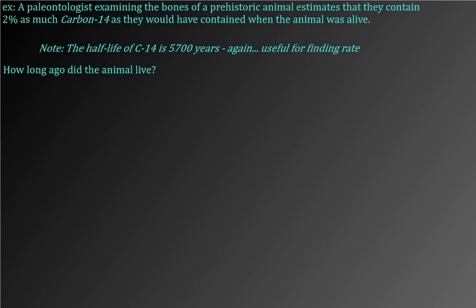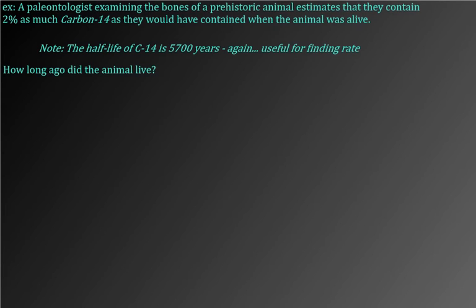But the thing that's nice that paleontologists like is that this carbon-14 stuff does not decay fast. The half-life of it is 5,700 years. So what they literally do, if they find a mummy or something in Egypt, they know that mummy was a mammal, right? And it should have carbon-14 in it.